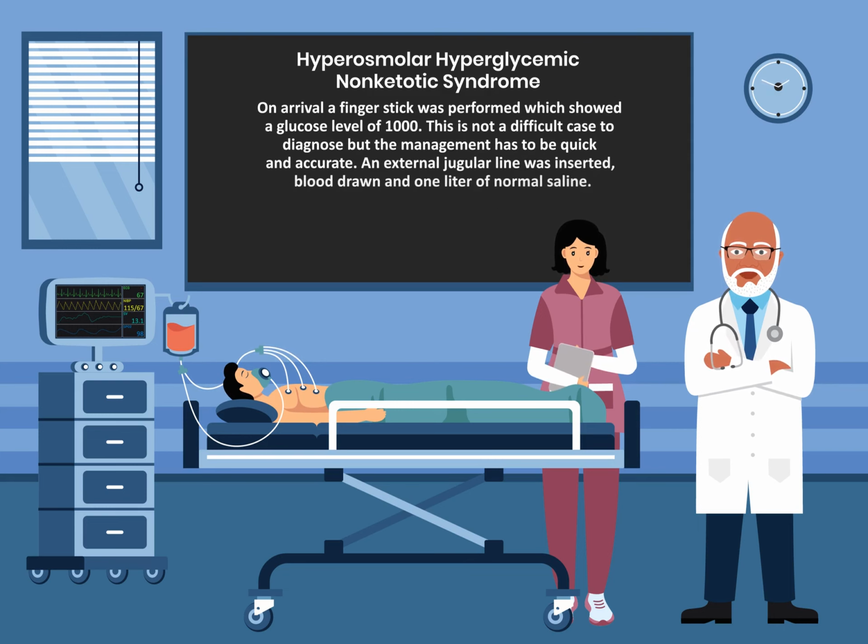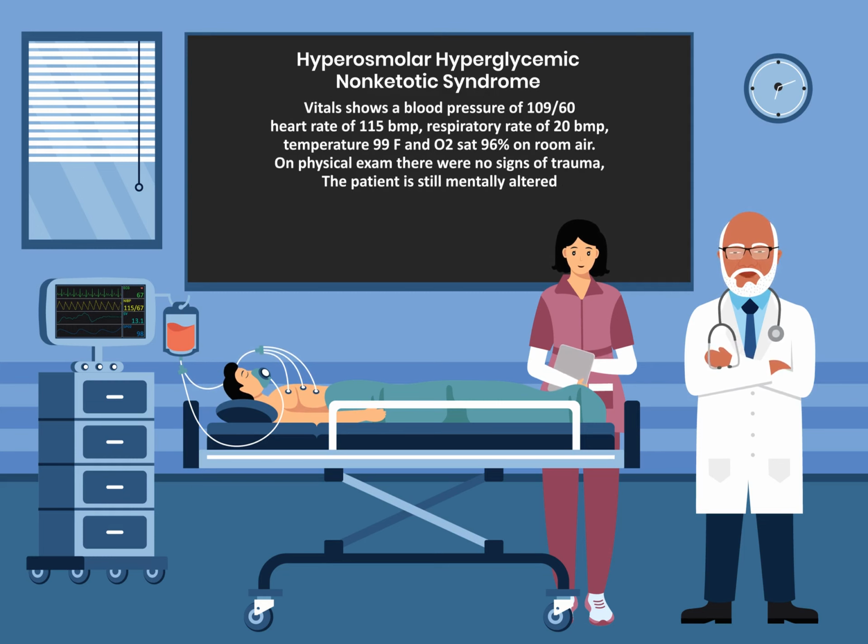On arrival to the emergency department, the finger stick was also performed, which showed a glucose level of over 1,000. This is not a difficult case to diagnose, but the management has to be quick and accurate. An external jugular line was inserted, blood drawn, and 1 liter of normal saline bolused.